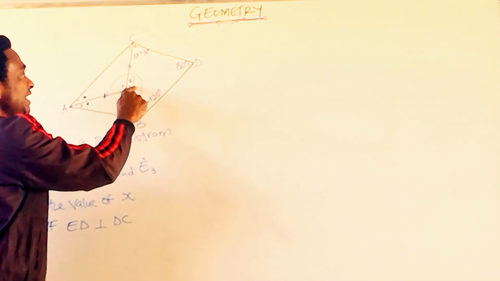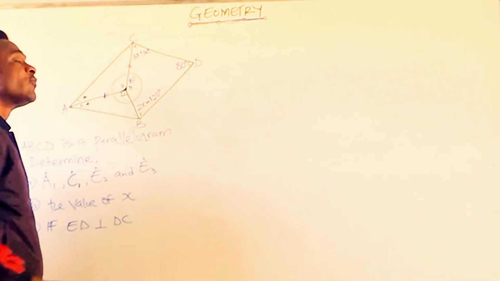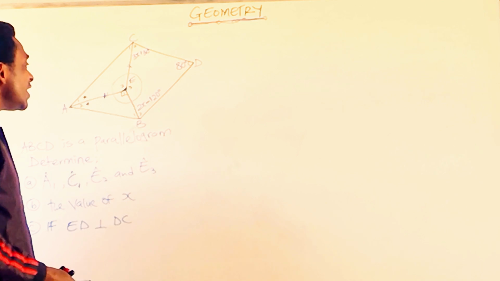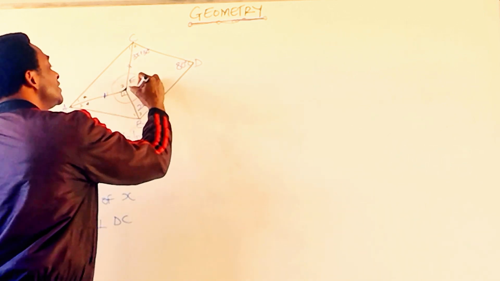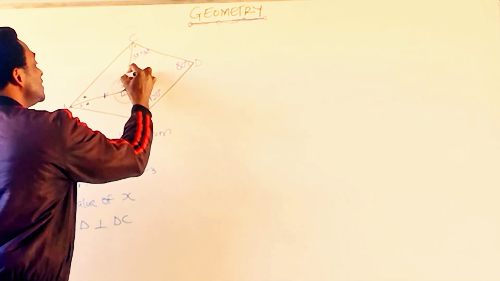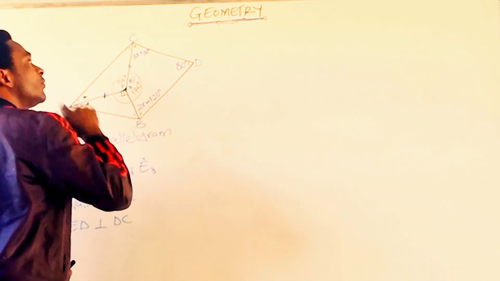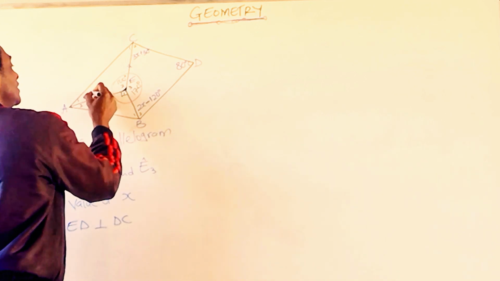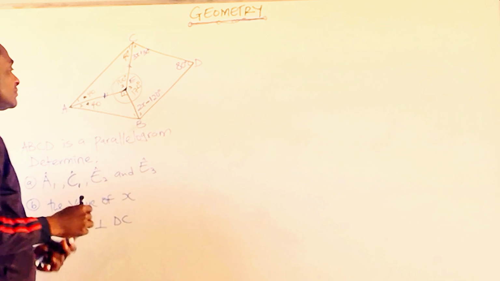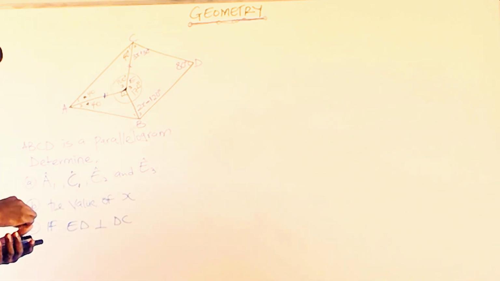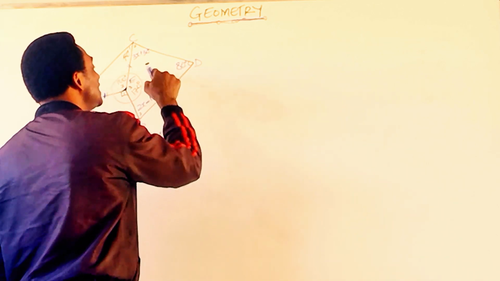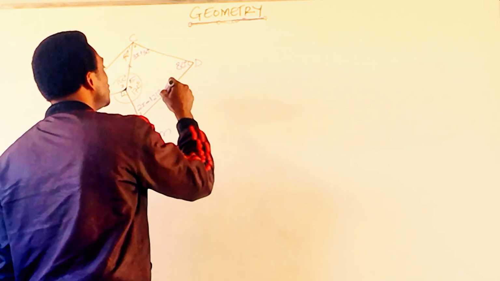If you look at this, ECDA is a quadrilateral. And remember, the sum of interior angles of every quadrilateral is 360. Let's fill in what we already have. Now, this means that if we want to solve for x, we add up everything and they are supposed to sum up to 360.